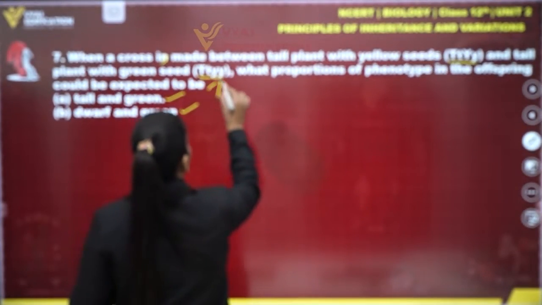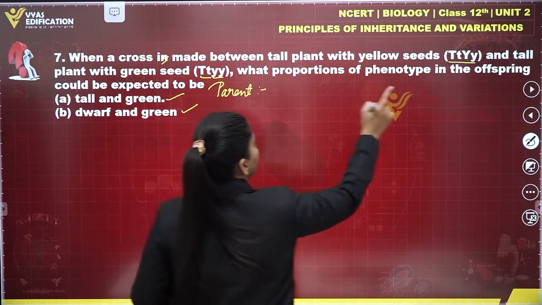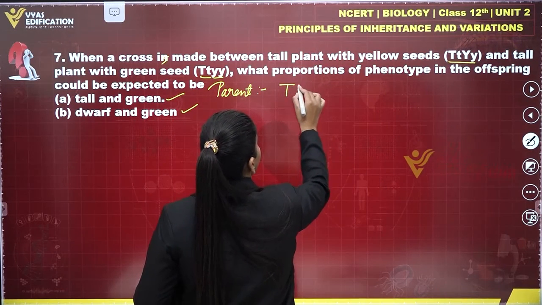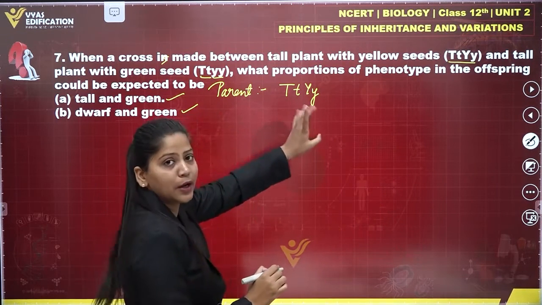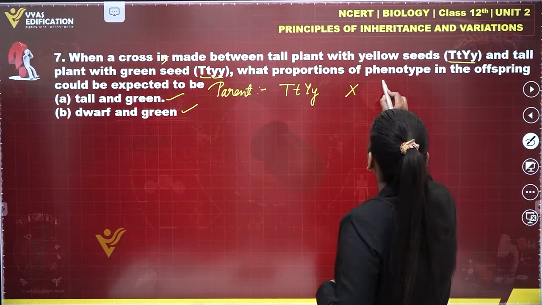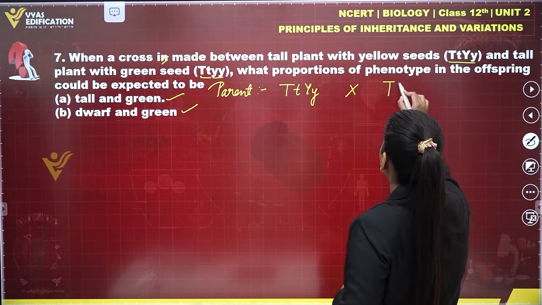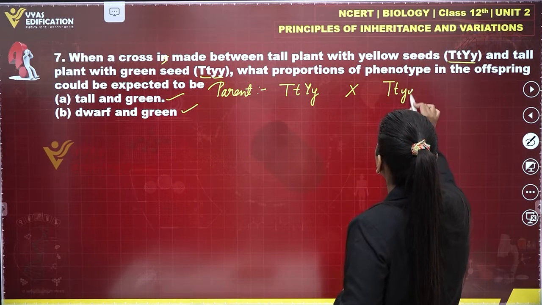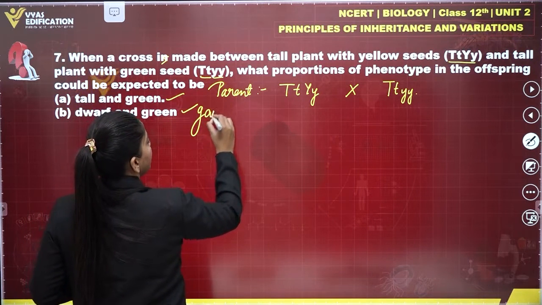First of all, we select the parents, which we are already provided with. This is one parent, capital T small t, capital Y small y, that is a tall plant with yellow seeds. It is being crossed with another parent, a tall plant with green seed, capital T small t, small y small y. Now they are going to make gametes.